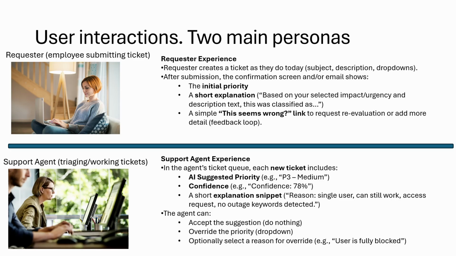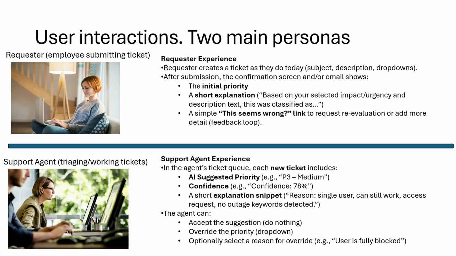So who's all involved? We have the usual suspects, requesters and agents. For requesters, the workflow stays simple. Submit the ticket, they see the assigned priority, they get a short explanation, and then after the submittal, they get an opportunity to review it with a "this seems wrong" type of link. For agents, once they get the new ticket, it shows a suggested priority from the model.